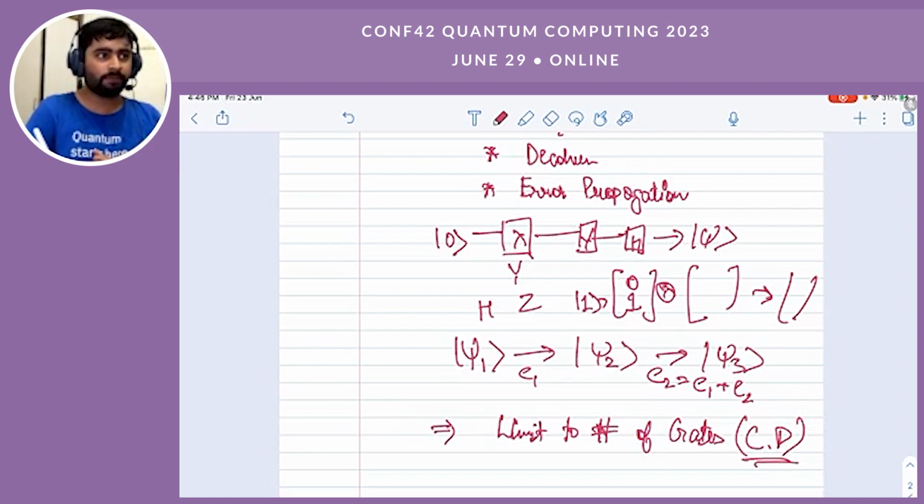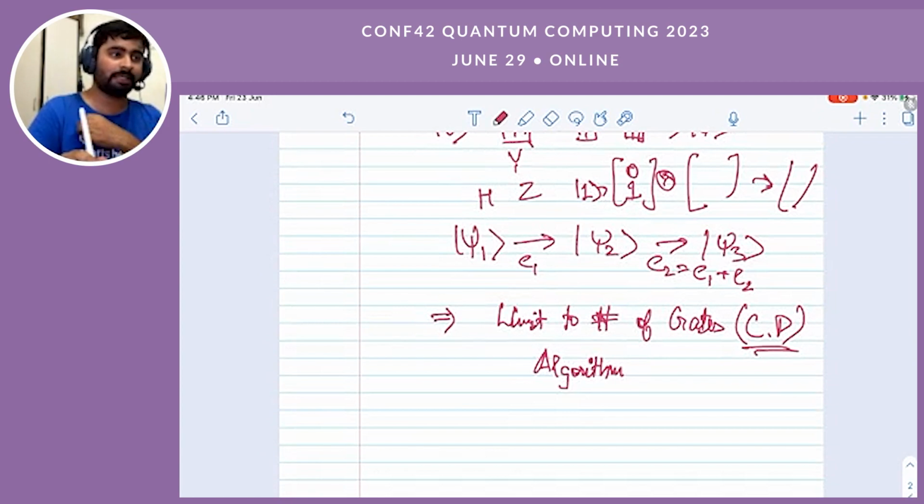And limitation of the circuit depth would mean that you cannot apply certain algorithms, because certain algorithms require huge circuits, and those for a larger number of qubits. Usually, whenever we are talking about the scalability aspect, we are basically talking about the number of qubits.